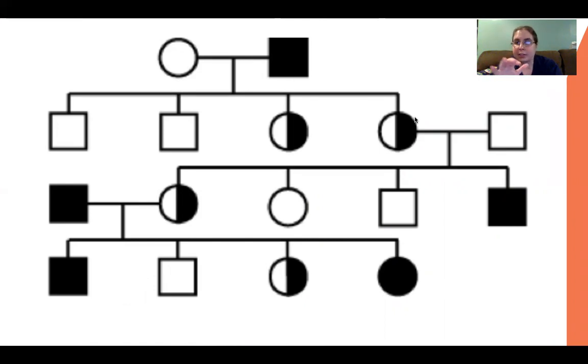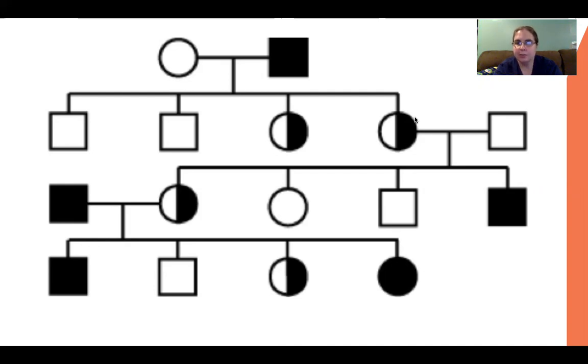Now this actually tells me a lot. This is telling me that this trait is sex-linked recessive. I can tell all that just by looking at this picture. We see a clear difference in males versus females on who's expressing it. 4 males and only 1 female are showing the trait. And we are also noticing that there are no male carriers.